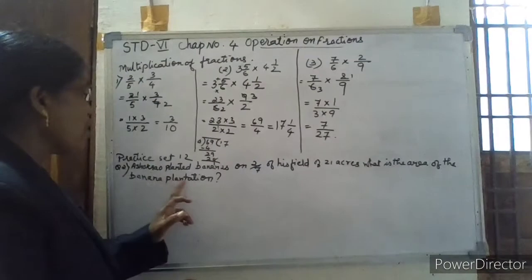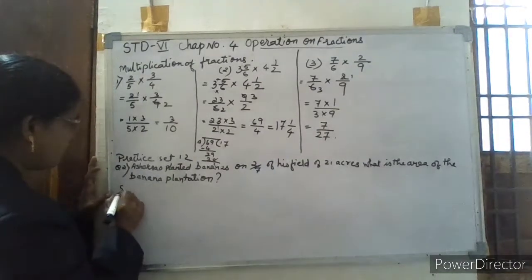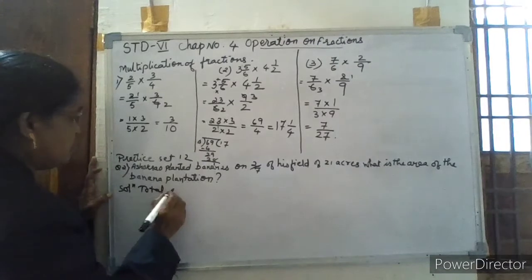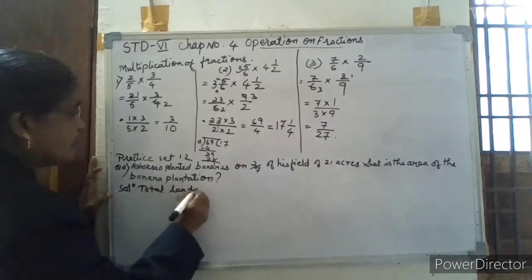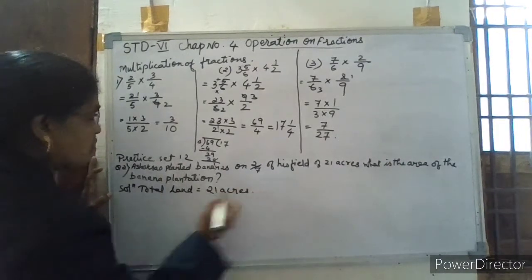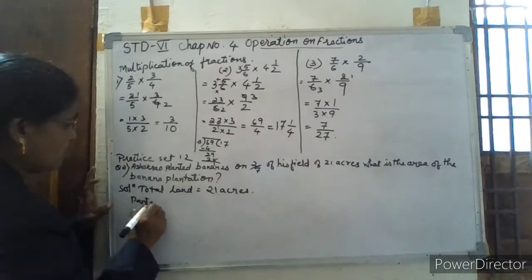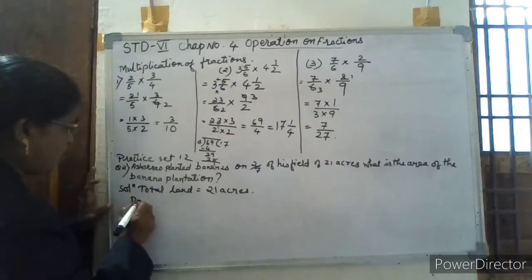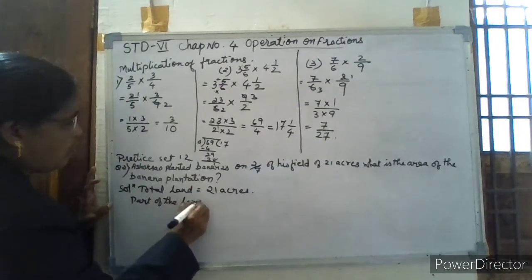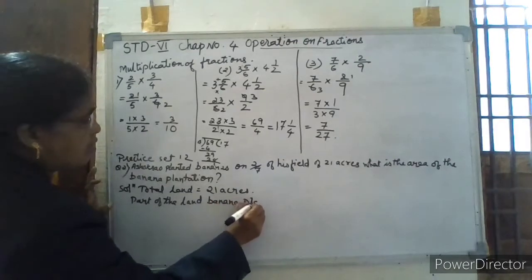So total land is how much? Total land is equal to 21 acres. Part of the land banana planted is given as 2/7.